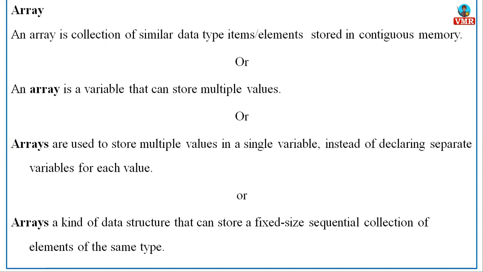If I declare an int array of size 5 and give the values 1, 2, 3, 4, 5, then since it is an integer, it will allocate 2 bytes for 1, 2 bytes for 2, 2 bytes for 3, 2 bytes for 4, and 2 bytes for 5.